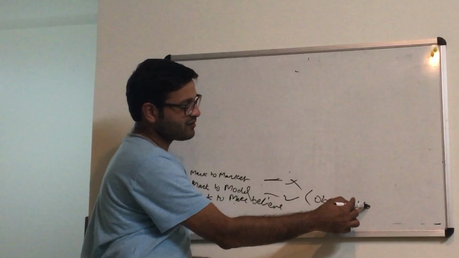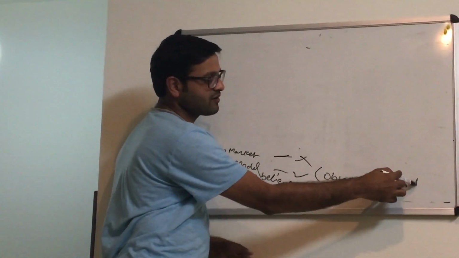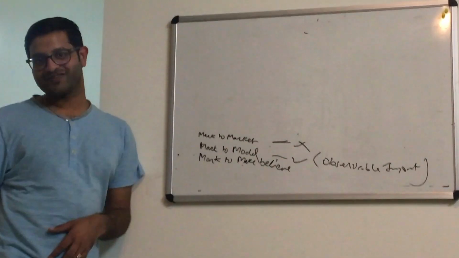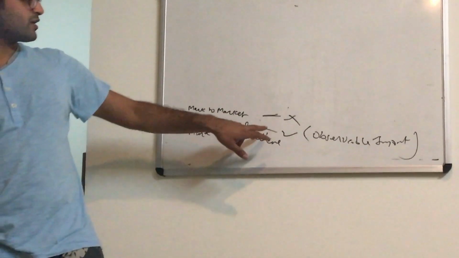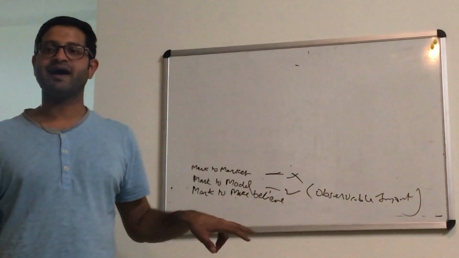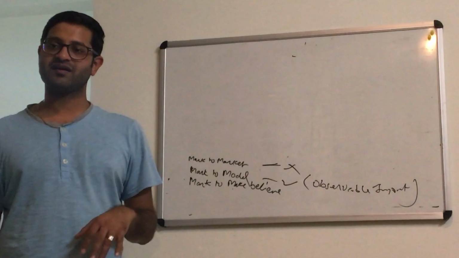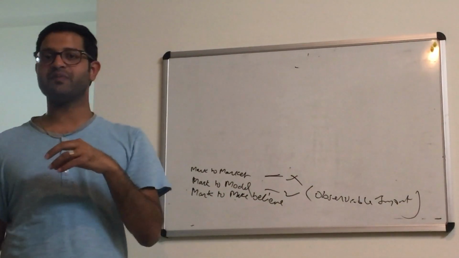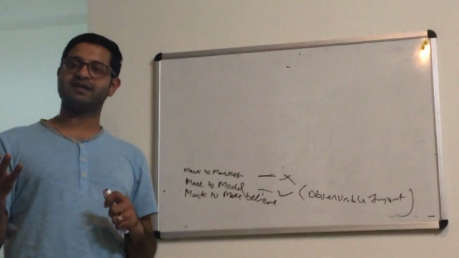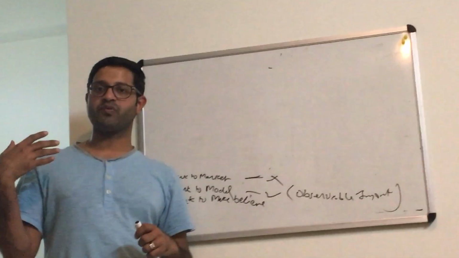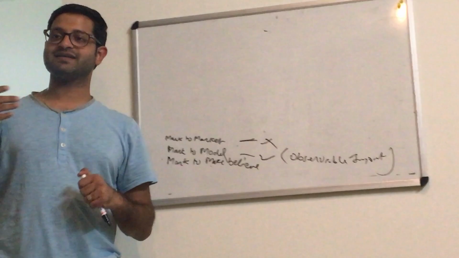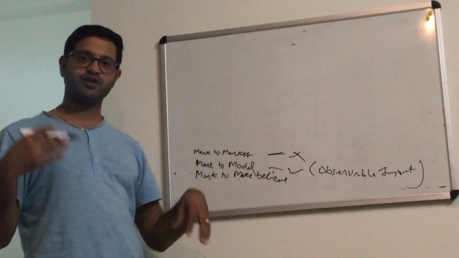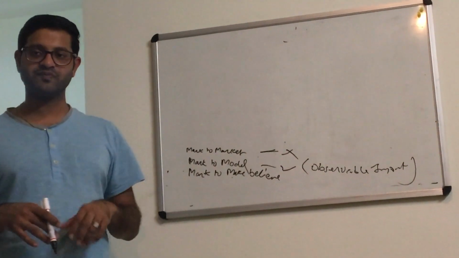Observable input means things you use in this model that are taken from the market, like interest rates and the stock market index. That information is available, and I use that to do my valuation.